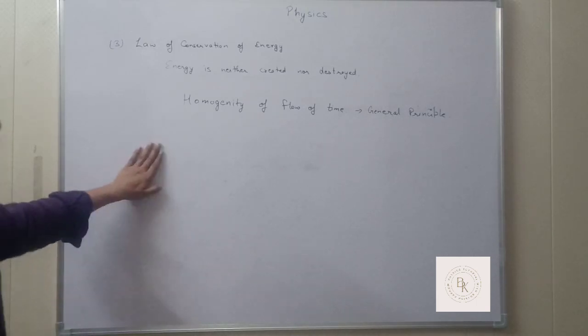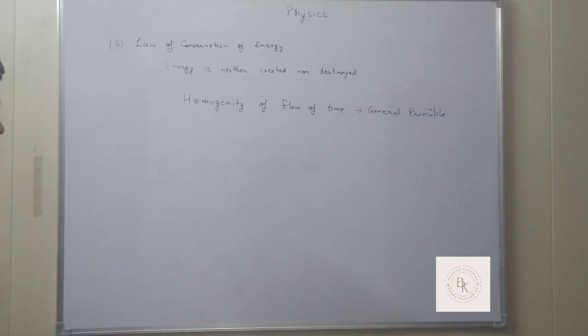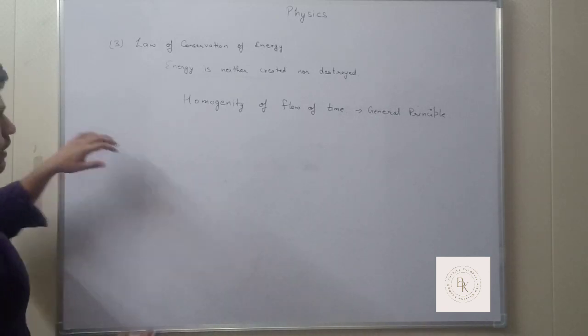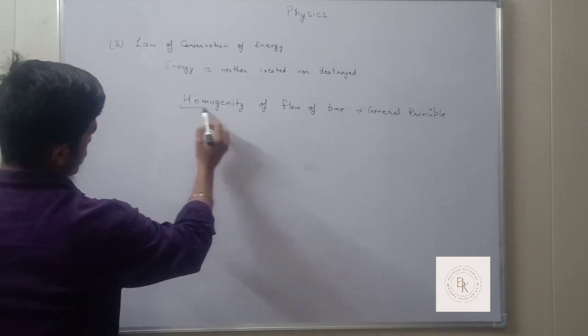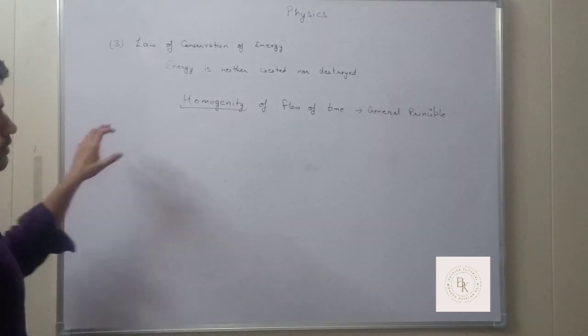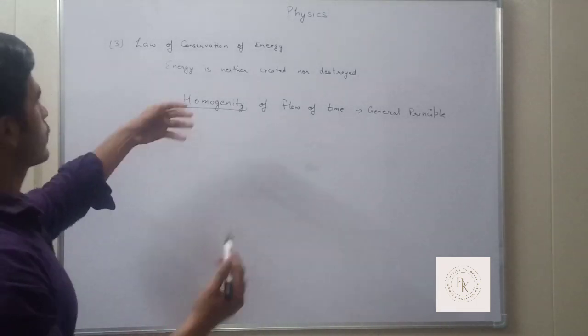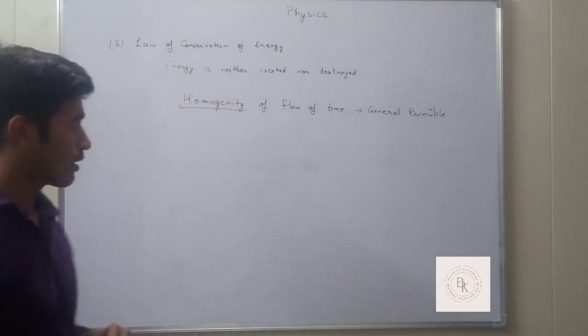Now, homogeneity of flow of time, what does it explain? It actually says that time flows in a homogeneous manner, and this general principle can actually lead to the law of conservation of energy.